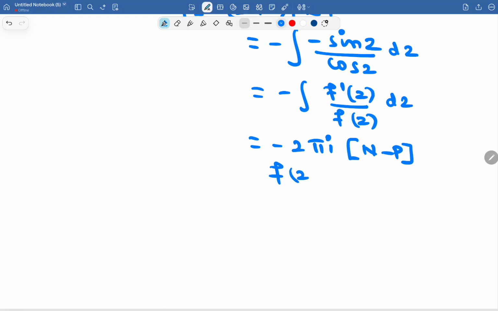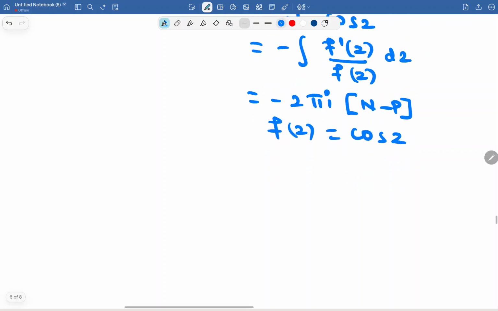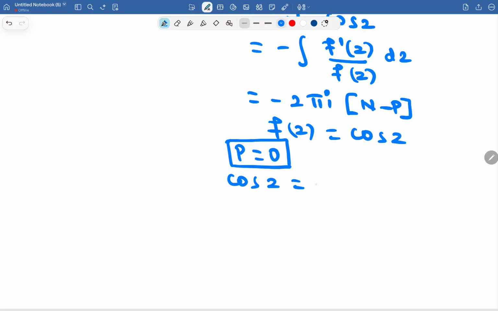Here, f of z is equal to cos z. Since f of z is cos z, there are no poles. Therefore p equals 0. You have to find only zeros. To find zeros, equate f of z to 0. That is cos z equals 0, which gives z equals (k plus 1 by 2) times pi.